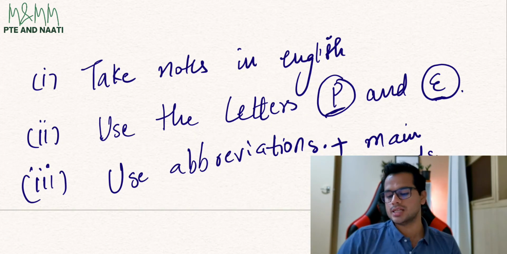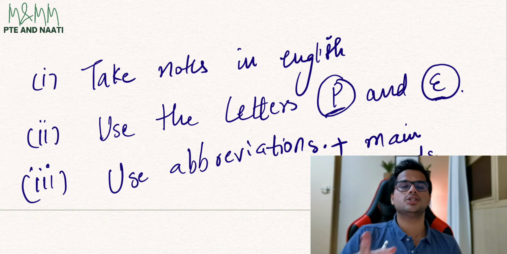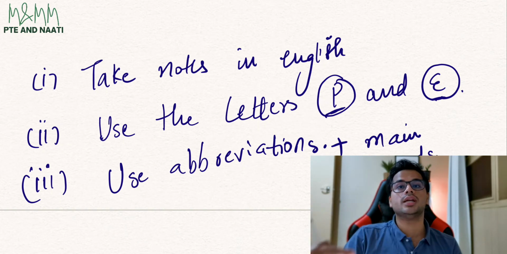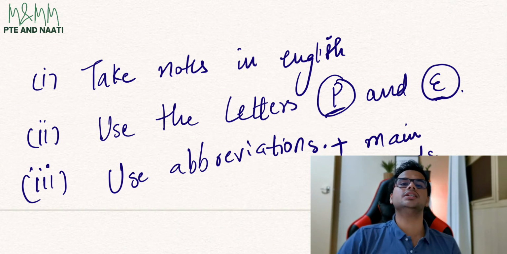Hey, this is when strategy number 2 comes into the picture, that you need to use the letters P and E. Now, if I would have already written down the letter E here, and even if I would have mixed two languages, English and Punjabi, still my brain will never get confused as to which language I need to translate, because I can see the letter E, my brain straight away knows that, hey, it doesn't matter which language I've taken my notes in, I need to speak out English at the end. That is why following these strategies is very important. They will take you far.